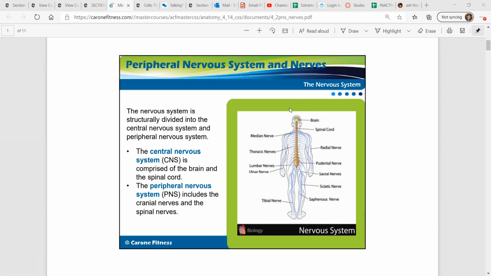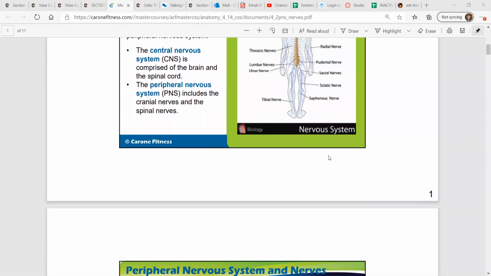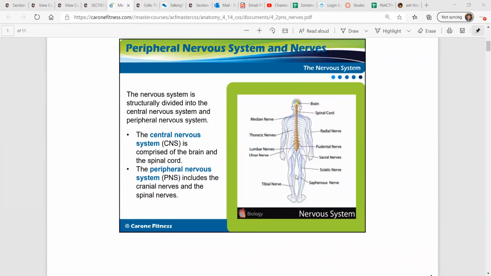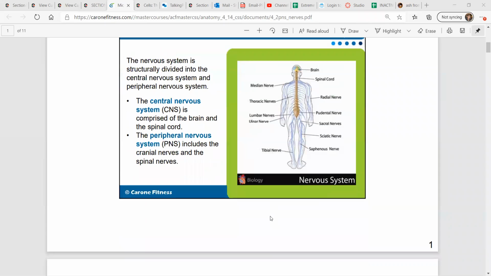The peripheral nervous system, or the PNS, includes the cranial nerves and the spinal nerves. And so in this picture, we have the nervous system central, and then the other parts are the peripheral. Peripheral meaning sides or secondary. Think along those lines.